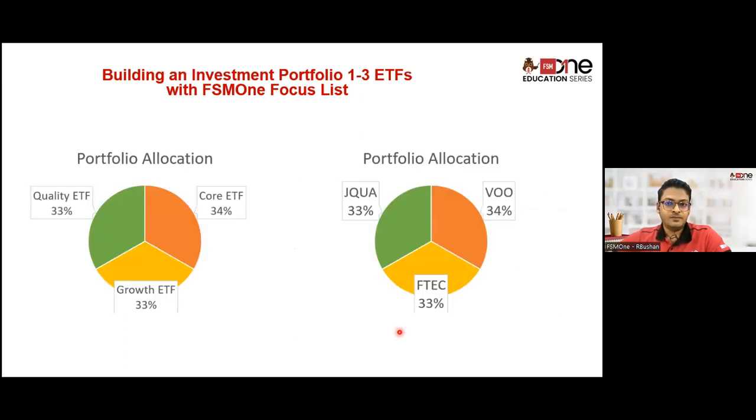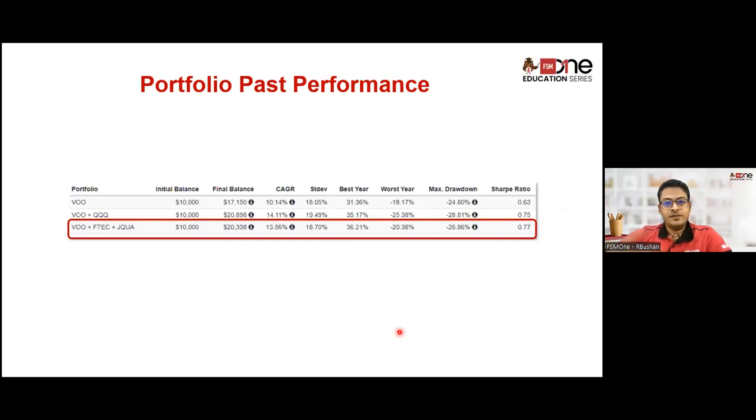So that's done. This is just a simulation of visualizing how the portfolio performed for the past 5 years. You could just hold the S&P 500 index, that is a compound annual return of 10%, or the famous QQQ at 14%, or the portfolio that I'm using at 13.56%.